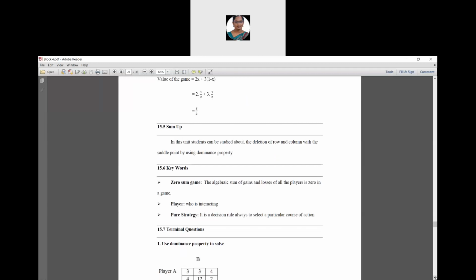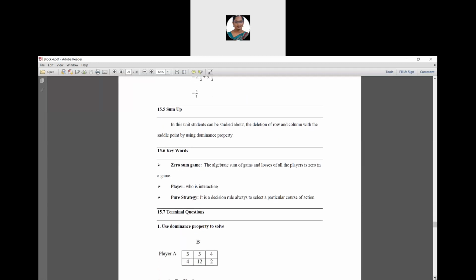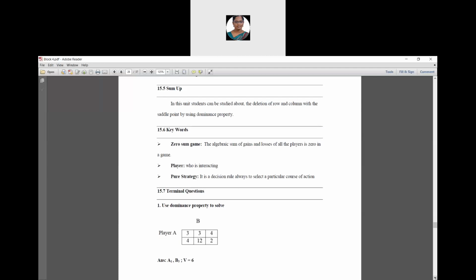So in this unit, students can study the deletion of row and column with the saddle point by using dominance property, and how to find the value of the game by using dominance property. And some keywords have been given for you.